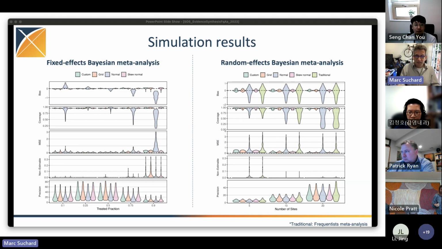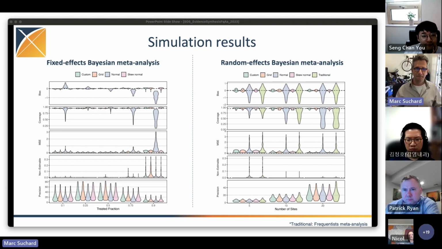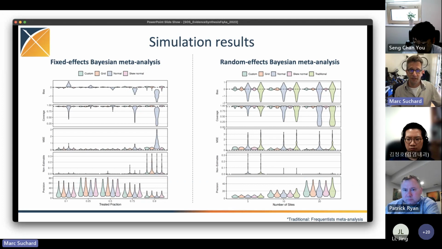Because our prior said 0 was a reasonable value. If given the data, it still looks reasonable, then hey, the fixed effects model was probably sufficient. I am unaware of a network study that we've done in the Odyssey community where the fixed effects model actually fits better than the random effects model, but it could certainly happen. And so we should perhaps do a better job at that formal testing.